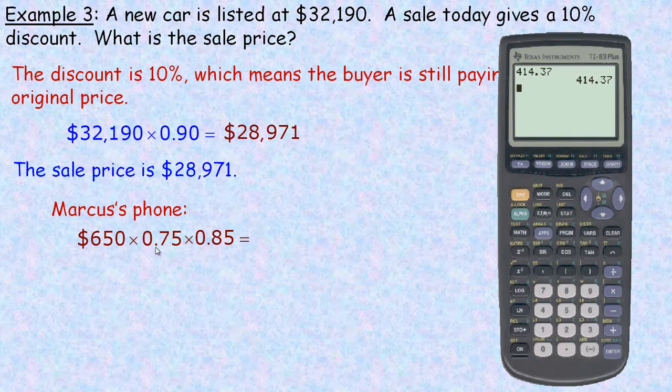So again, 25% off means you're still paying 75% of the original price, and then the 15% means you're still paying 85. For example, the 100 minus 15, okay, you're still paying 85%. So this will actually give you one calculation, 650 times 0.75 times 0.85. Okay, gives you the 414.